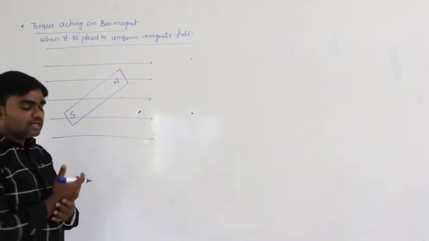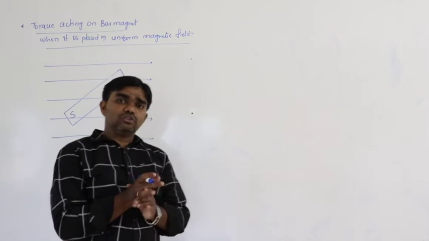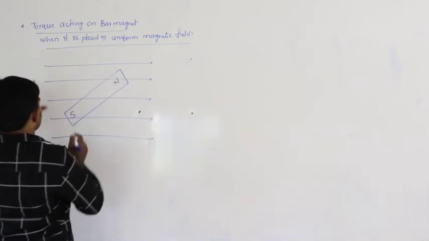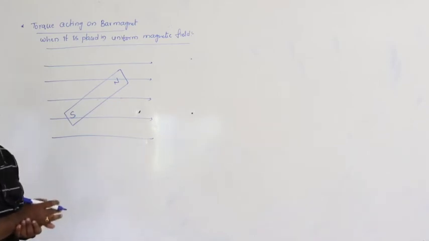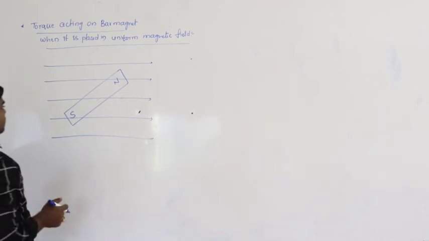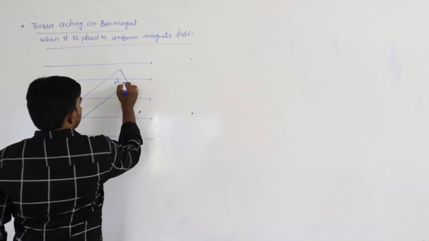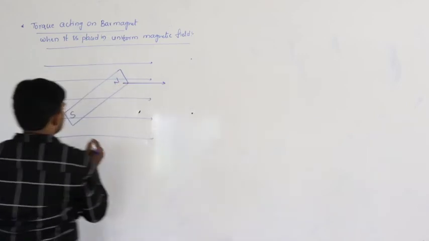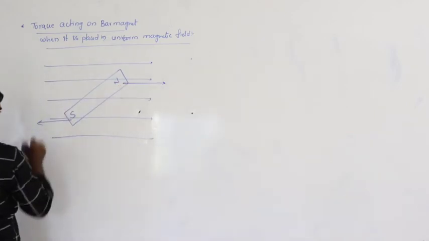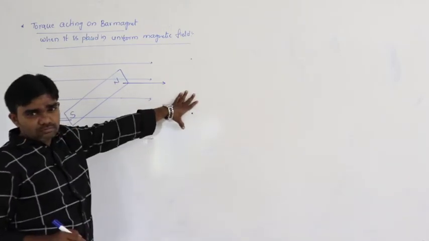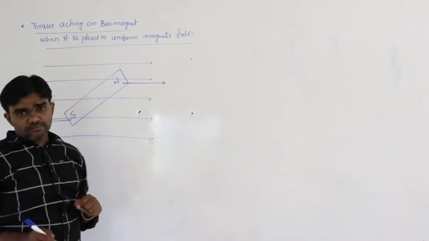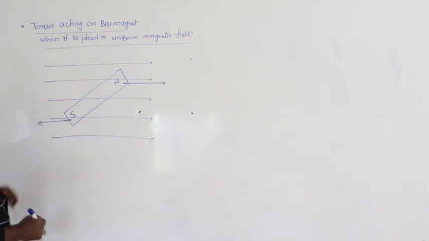Outside the magnet, the direction of the magnetic field is from north to south. So here the north pole is deflected in this direction and the south pole is attracted. North repulsion, south north attraction.